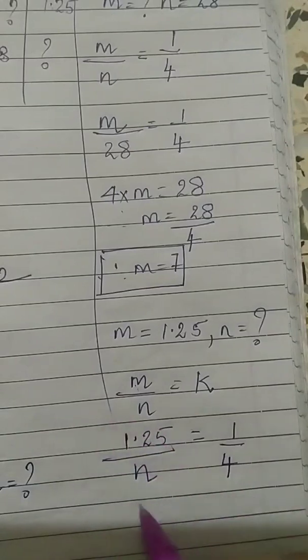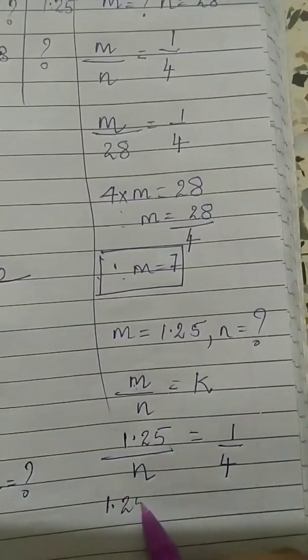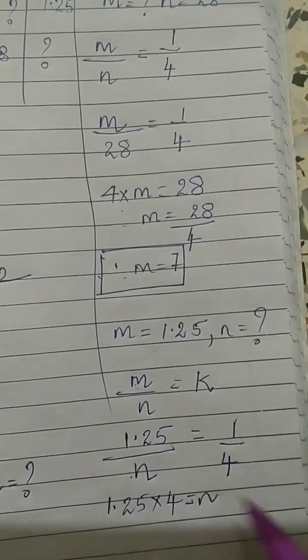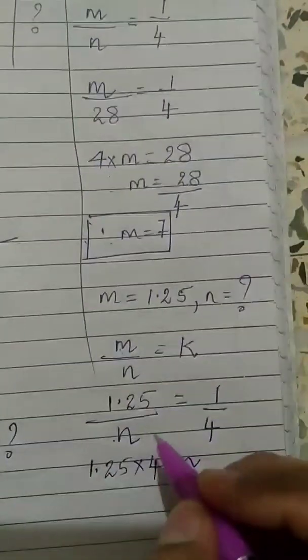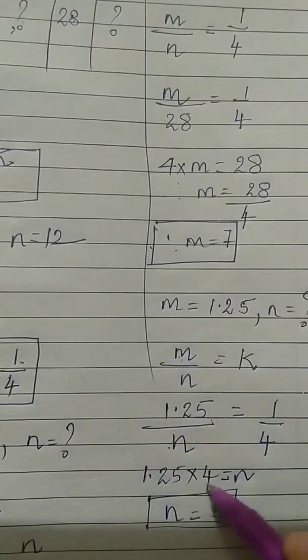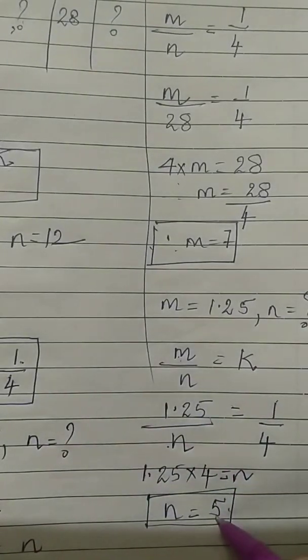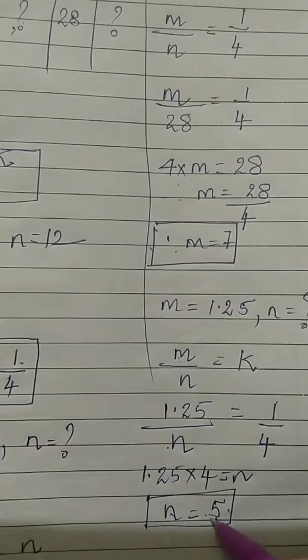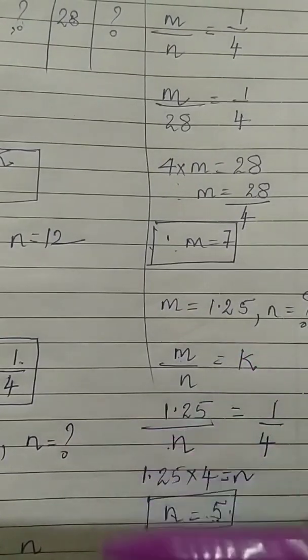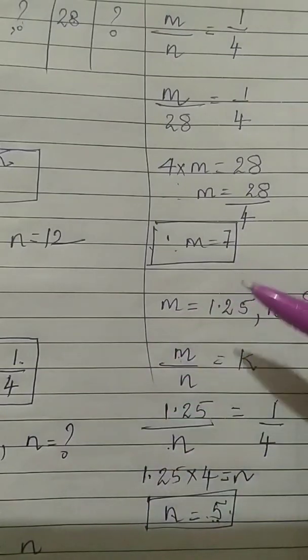Cross multiply. 1.25 into 4 is equal to n into 1, n. 1.25 into 4 means how much will you get? 1.25 into 4 you will get 5. That is n is equal to 5. So I hope you understood, children, how to solve direct variation sums.